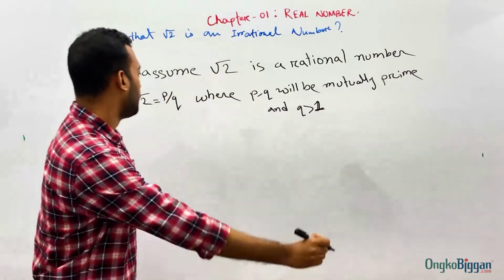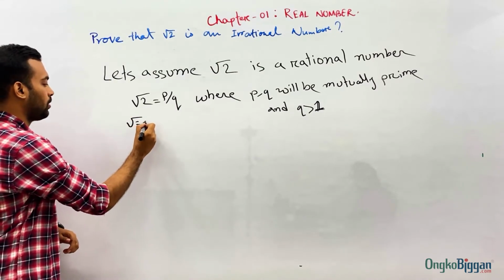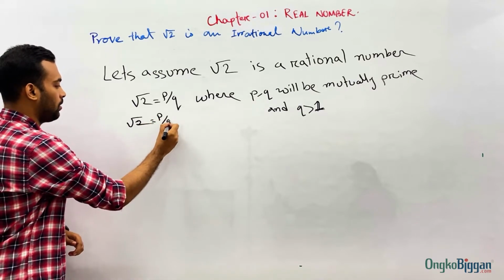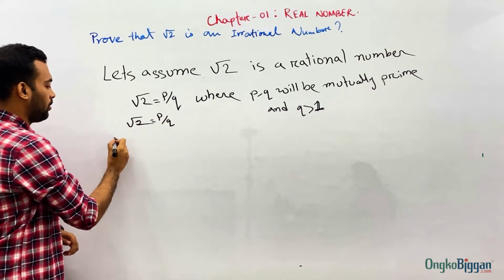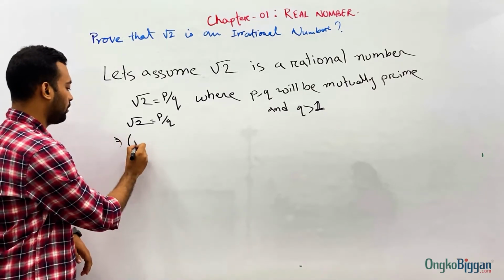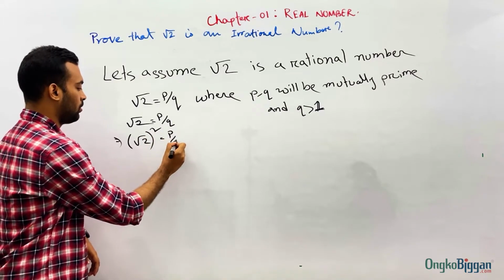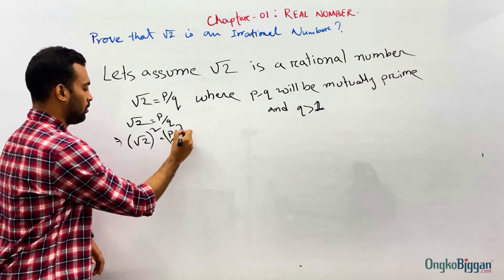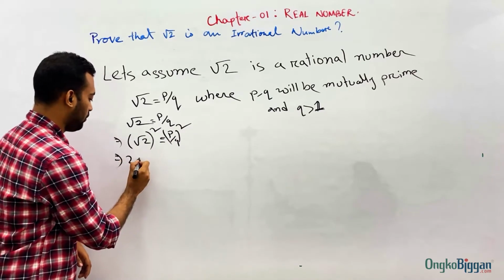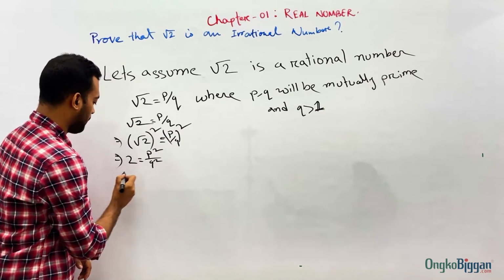Okay, so let's say root 2 is equal to p by q. So let's remove the root over here. Squaring both sides, we can remove the root. 2 is equal to p squared by q squared.